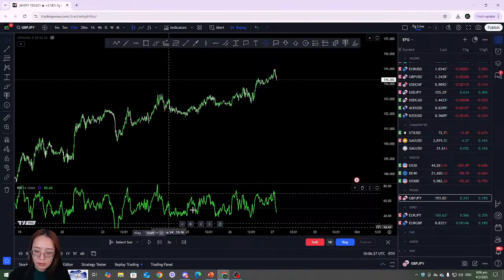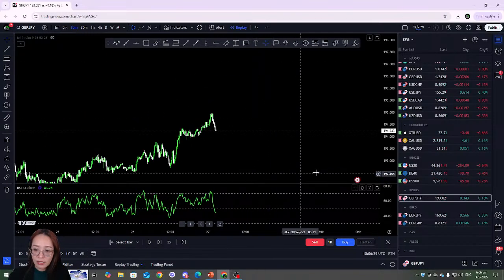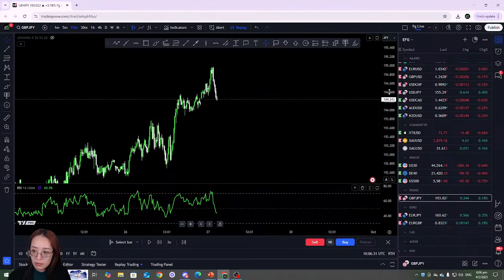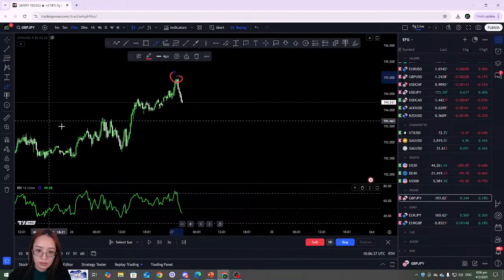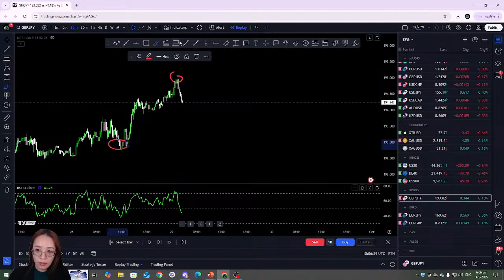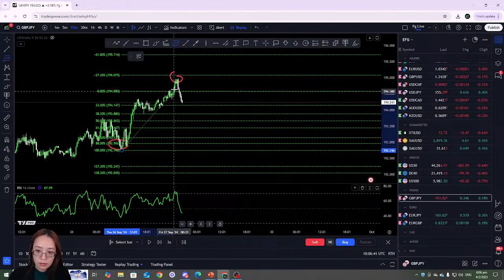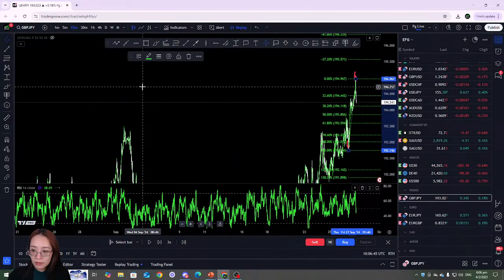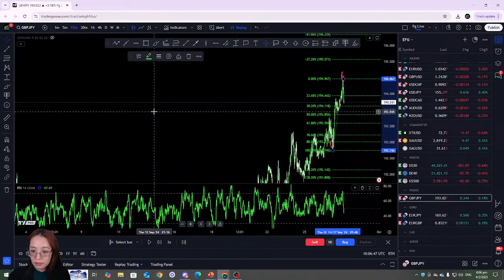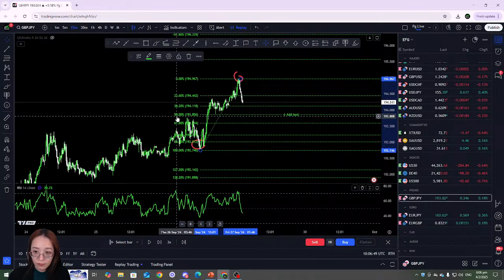Now based on only M15 here, you can use this as the high and this as the low, right? So you plot from swing low to swing high.